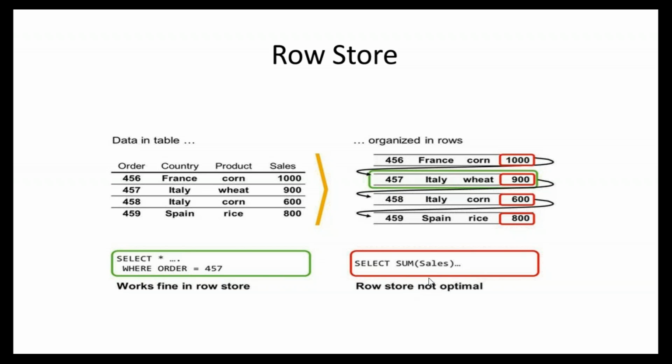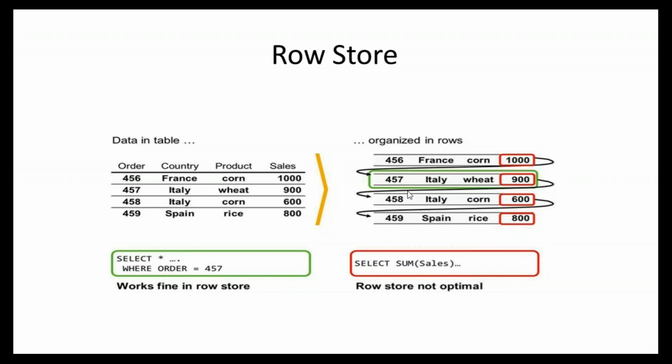You are making a sum of a few values, like 1000, 9000, 6000, 600, combining them and showing a final total. For those kinds of things, column storage is better.